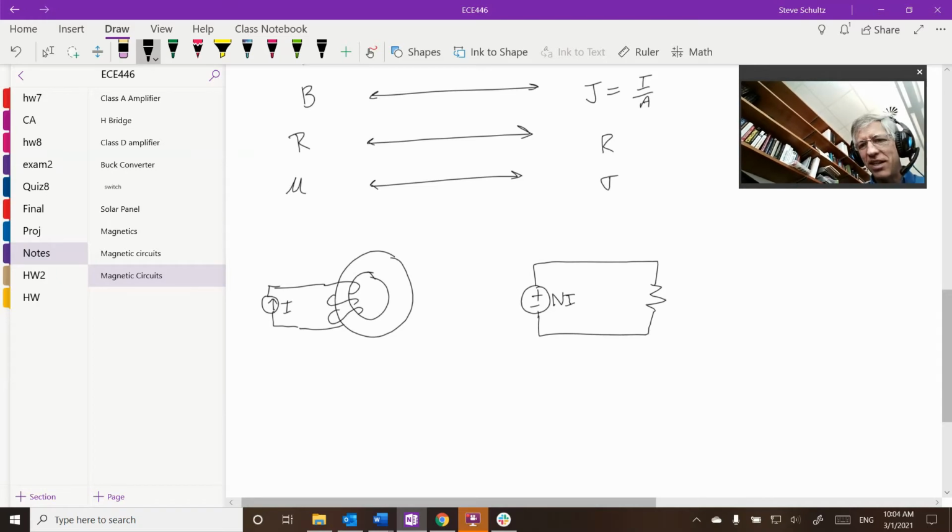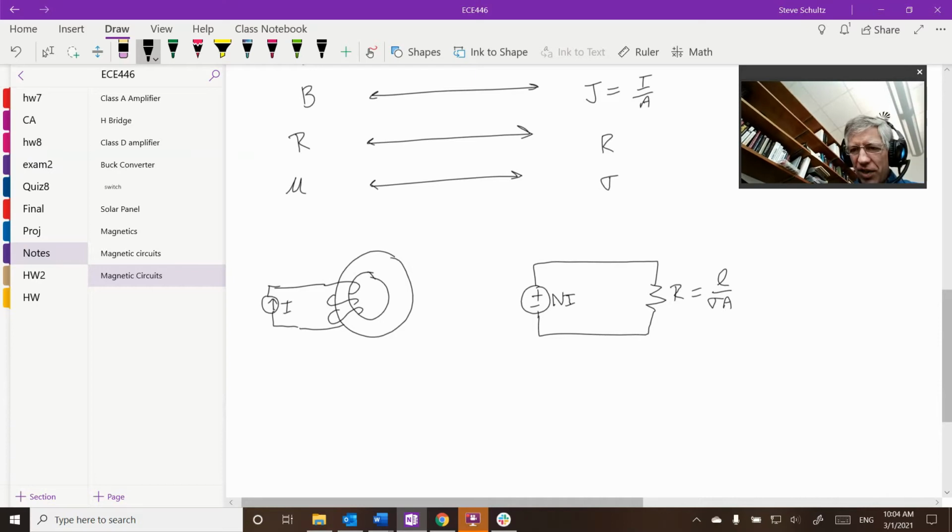My reluctance R has a value of L over sigma A. Let's plug in these numbers from our solenoid. Our L is 2 pi big R, and we had our sigma, and this was our pi little r squared, which is our cross-sectional area.